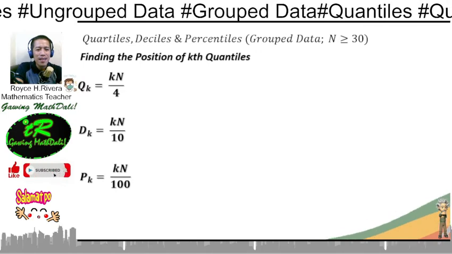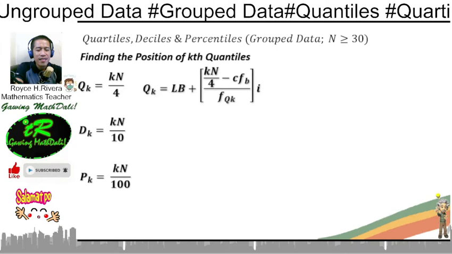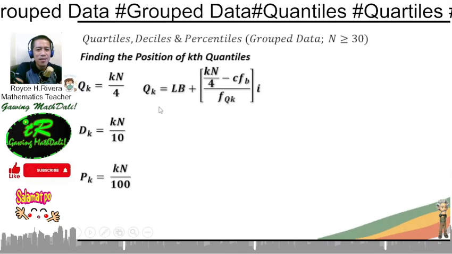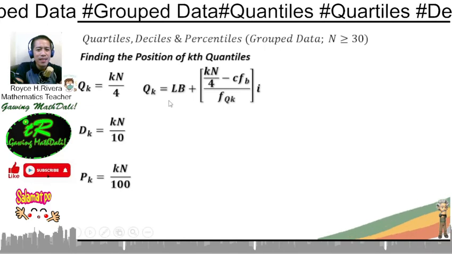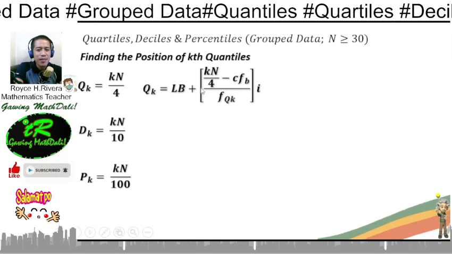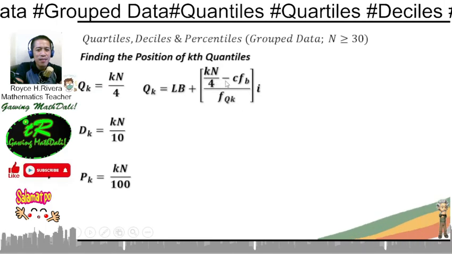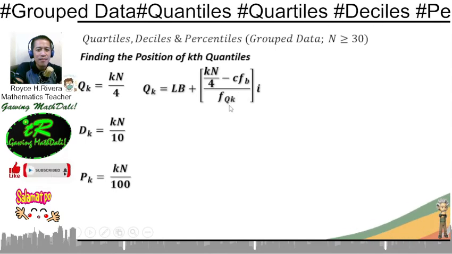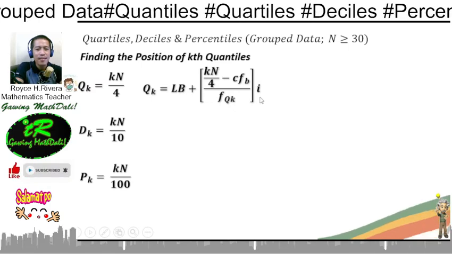For the values, for quartiles, we have Q sub k is equal to LB plus the quantity k times n over 4 minus CFB all over F of Qk times i.